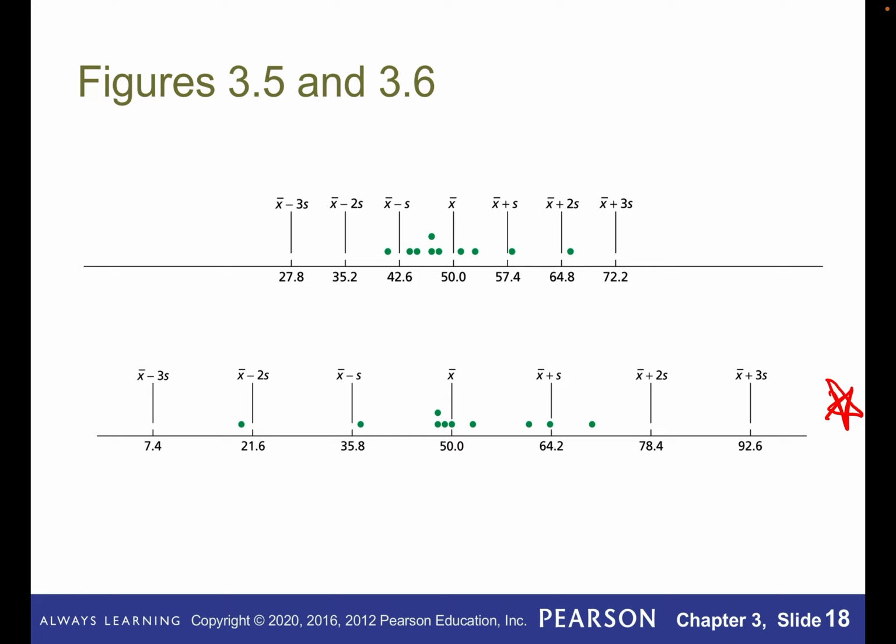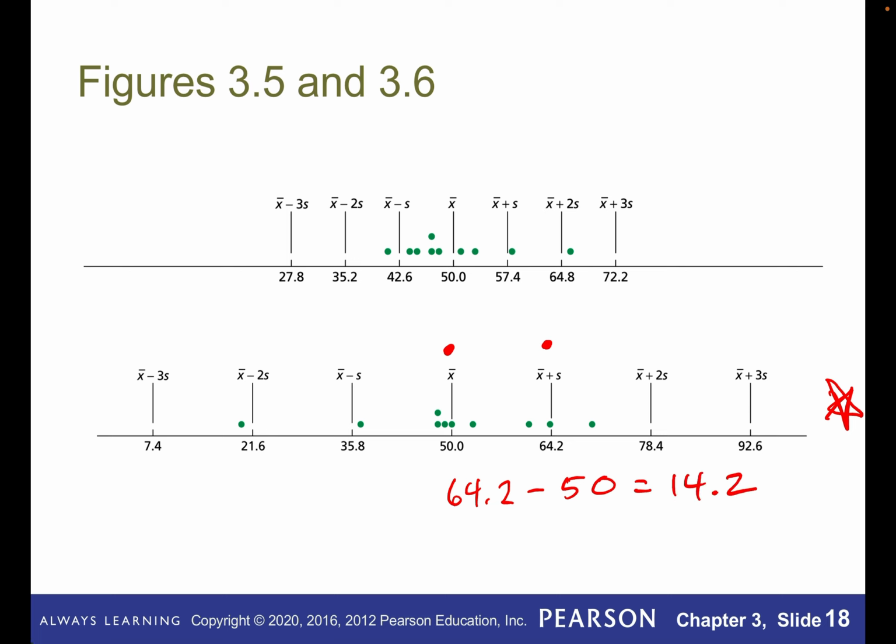And notice that what we're given here is x bar and then x bar plus s. So just from what we see on this diagram, the sample standard deviation for this second data set should be 64.2 minus 50, which is 14.2.